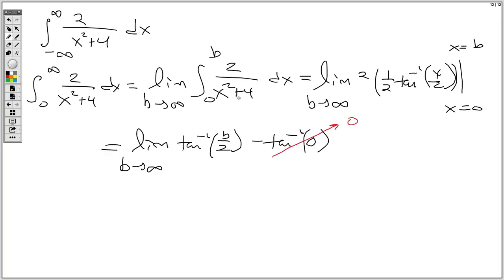And we have to maybe think back to trigonometry. The limit as b goes to infinity of the inverse tangent of b over 2. So remember the inverse tangent, you can think of that graph as the tangent graph on its side. The regular tangent graph has vertical asymptotes at plus or minus pi over 2. The inverse tangent graph has horizontal asymptotes.